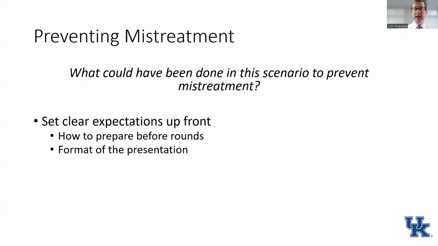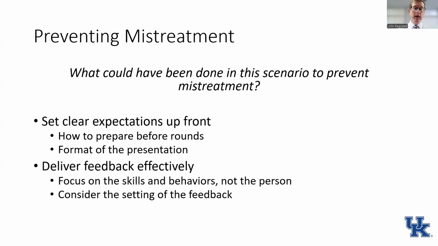In this case, it might be things like, how should a student prepare before rounds? What should the format of their presentation be? Clear expectations make it clear to students, just like it is to faculty and residents, what the expectations are so that everybody's on the same page. So how do you help the faculty and residents set those expectations clearly?